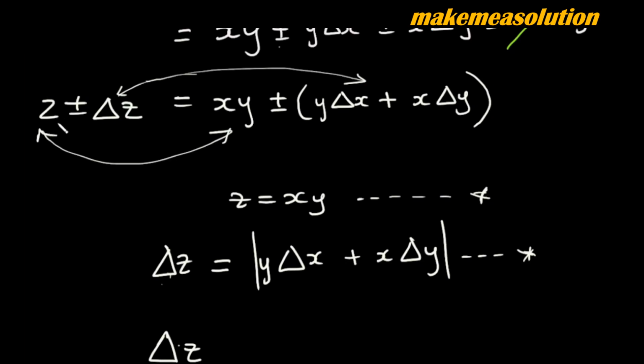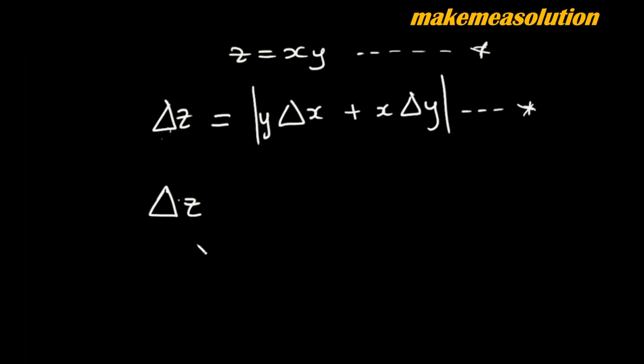So there are two types of relative error. Please, if you need information about that, check the video that I have posted on relative error, absolute error, and precision and accuracy. You're going to see the full explanation. So if I divide this by z, I'm going to get relative error. Is that okay? Precision, relative error.